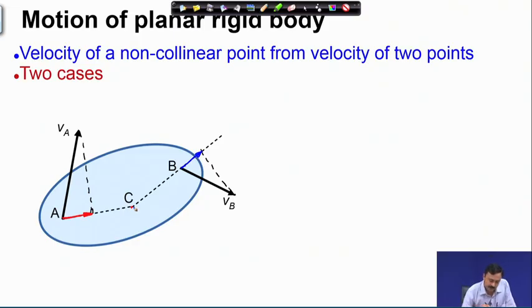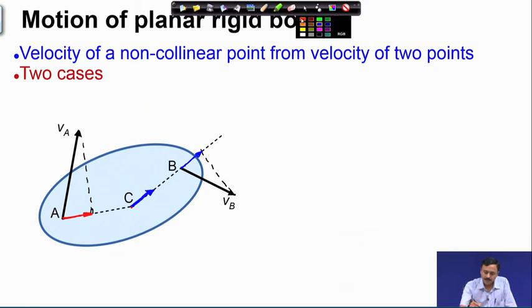So, therefore, the velocity of C along the direction CB must have this velocity. Once again, please remember, this blue vector that I have drawn at C is only the velocity of C in the direction CB, it is not the velocity of point C.